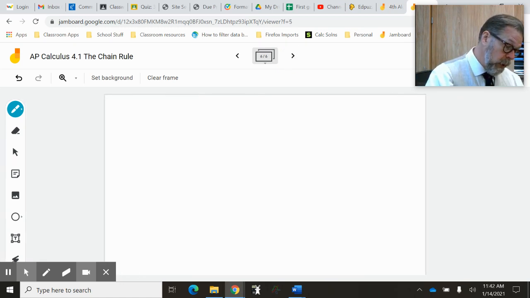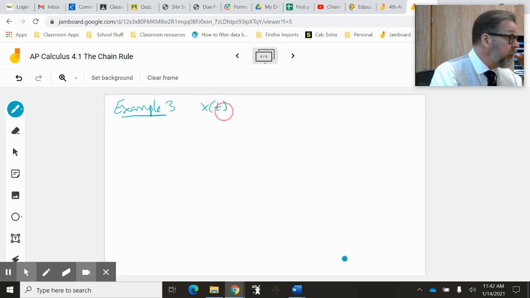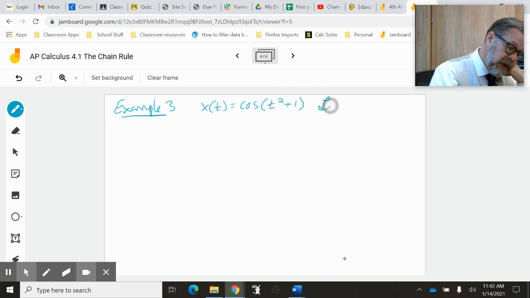All right, let's do one more quick example. We'll call this example 3. We've got some function of time, x equals cosine of t squared plus 1. And we will let u equal t squared plus 1, which means the derivative of u with respect to time is 2t.